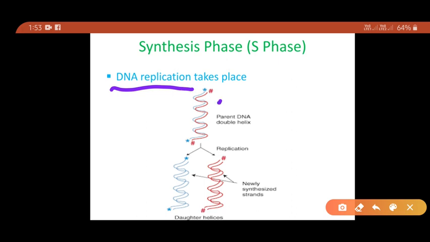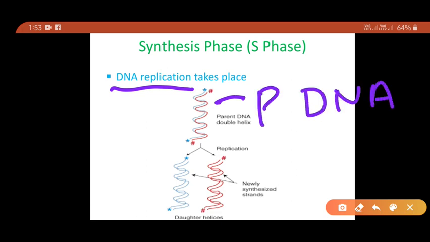This is the parent DNA. You know that DNA has a double helical structure, just like so. After replication in this phase, what happens? There are two strands, this blue one and red one.